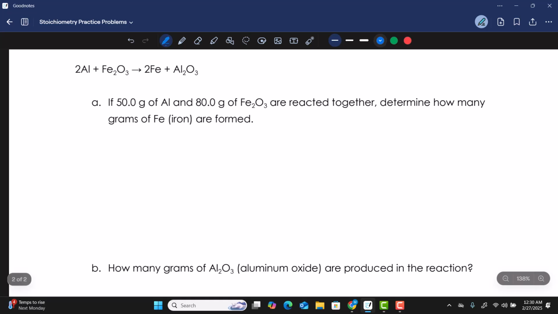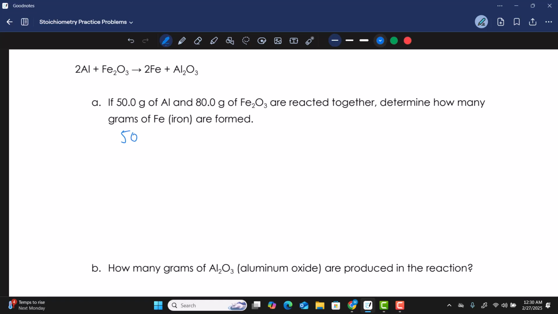So we have 50.0 grams of Al and 80.0 grams of Fe2O3. We want to find the limiting reactant, which is going to be either Al or Fe2O3. So we have to convert both of these to grams of Fe to find which one gives the lesser amount.